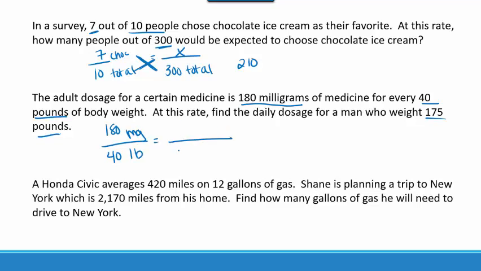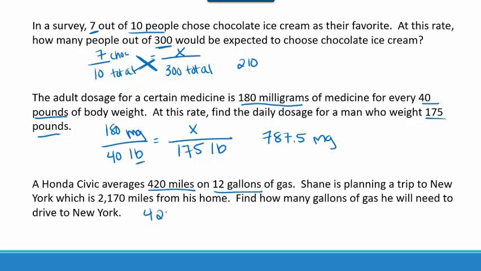Since we're given the person's weight, we would put that at the bottom to match up with the weight that we put at the bottom down here. And we're going to put x or n or whatever the case may be at the bottom. Again, cross multiply: 180 times 175 divided by 40. And we get that the man would need 787.5 milligrams.